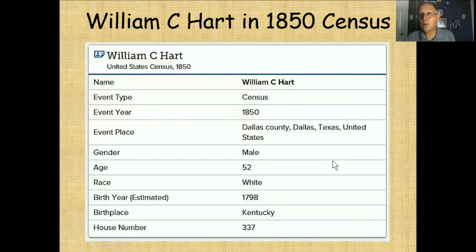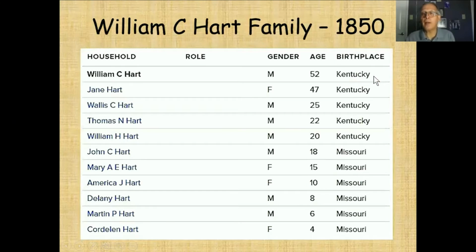1850 was the first year that all free individuals were named. And it wasn't until 1880 when they identified the relationship with the head of the house. So, and here's the whole family, and you'll note the birthplace. And if you go down to, okay, down here, William H. Hart is the last person born in Kentucky in about 1830.